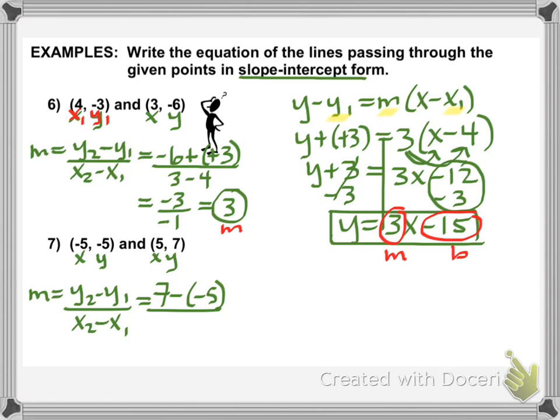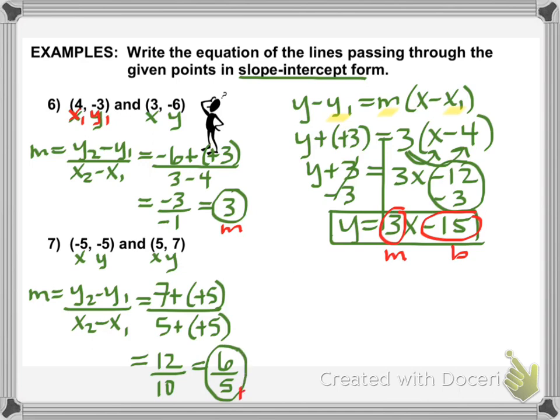So I'm going to subtract in the same direction on the bottom. 5 minus a -5 for my x's. Both of those minus negatives I can change to plus a positive. 7 plus 5 is 12 on the top, 5 plus 5 is 10 on the bottom, and 12 over 10 simplifies to 6/5. So there is my slope.